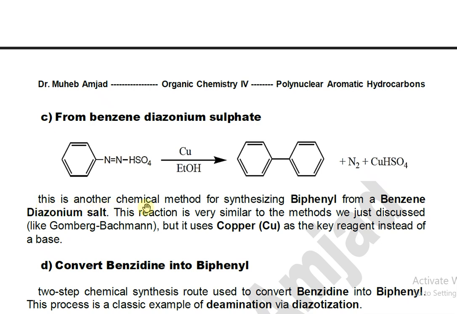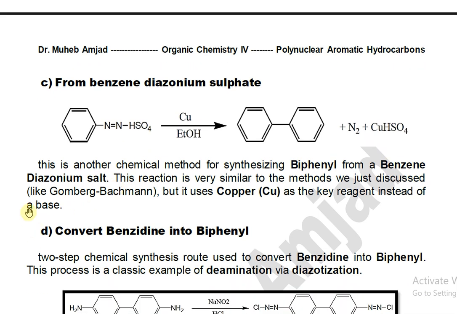So this is another chemical method for synthesizing biphenyl from the benzene diazonium salt. This reaction is very similar to the method just discussed above, the Gomberg-Bachmann, but it uses copper, so the metal will be different.